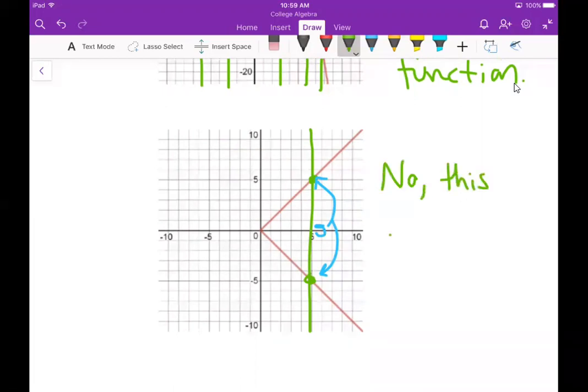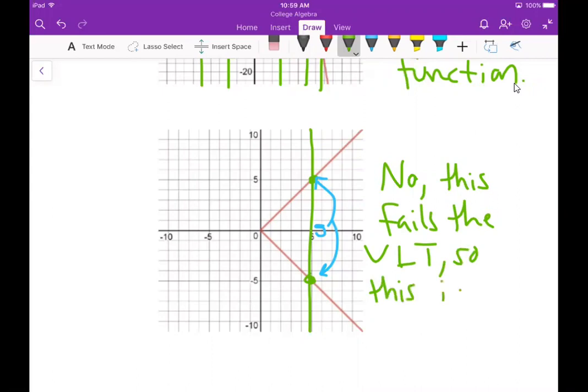This fails the vertical line test. So this is not a function. There's an input that has more than one output, and that vertical line tells us that right away.